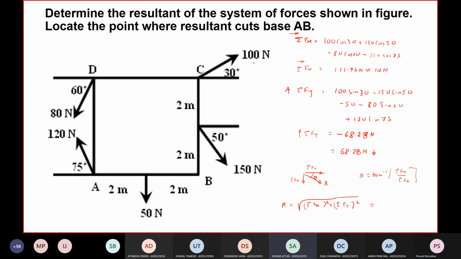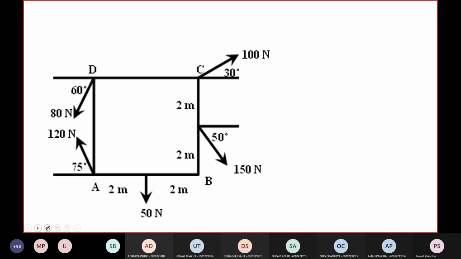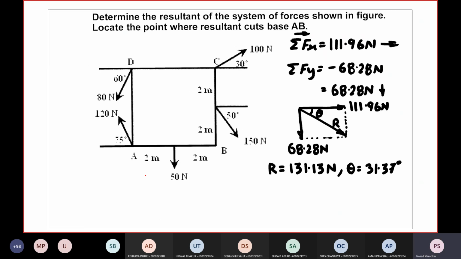Sir, 131.17 Newton, and theta 31.37. Correct, 31.37. All right.